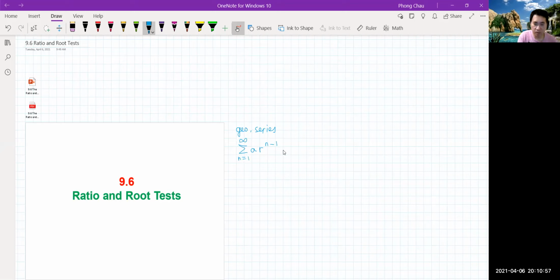What does matter is that you have a common ratio raised to the n minus 1 power. And particularly, when you write it out explicitly, what you should see is that the ratio of two consecutive terms is the same.